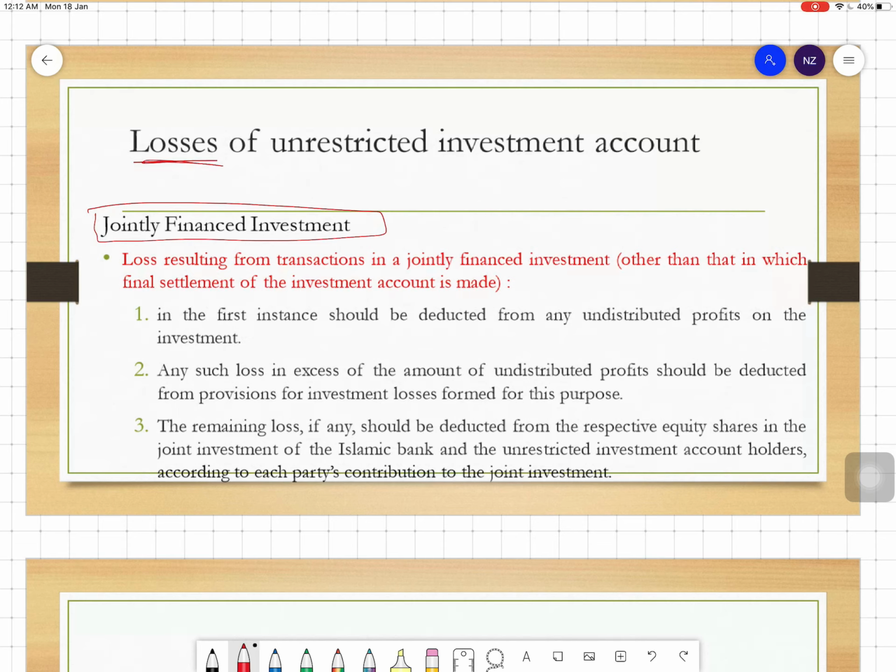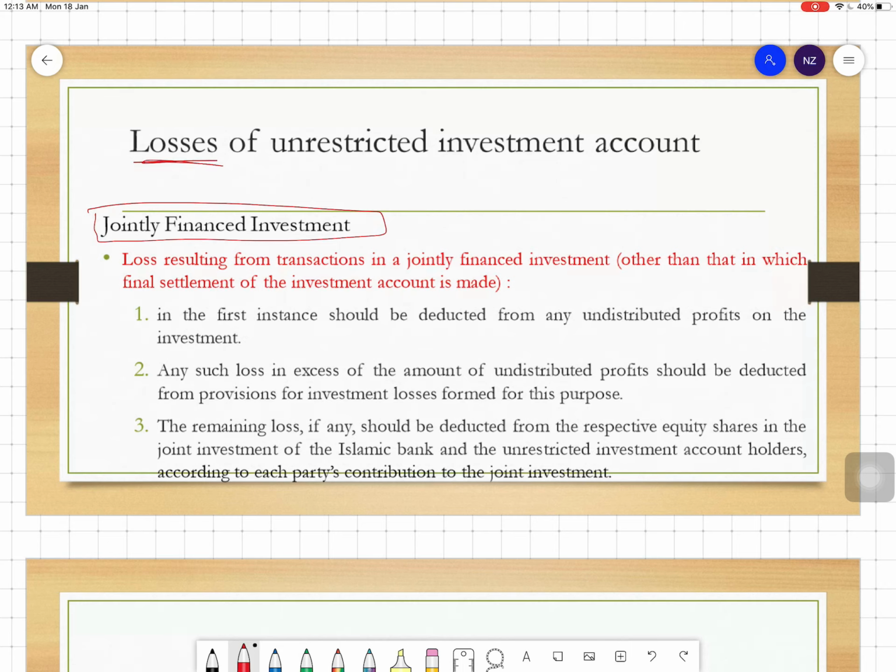Any such loss in excess of the amount of undistributed profit should be deducted from provisions for investment losses, and the remaining loss, if any, should be deducted from the respective equity shares in the joint investments of the Islamic Bank and the unrestricted investment account holders according to each party's contribution to the joint investment.